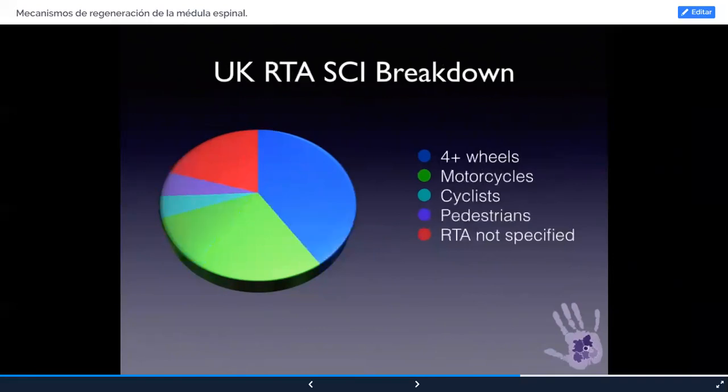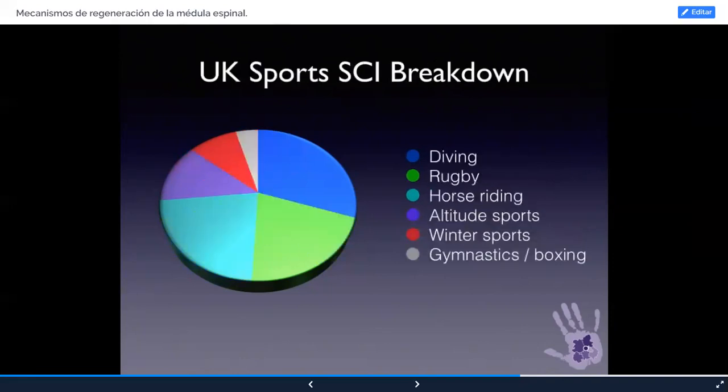The breakdown from road traffic collisions shows four or more wheeled vehicles, motorcycles, cyclists, and then the smaller number of pedestrians, and then the unspecified road traffic collisions. And for the sports breakdown, diving, rugby, and horse riding activities are those most associated with spinal cord injury.